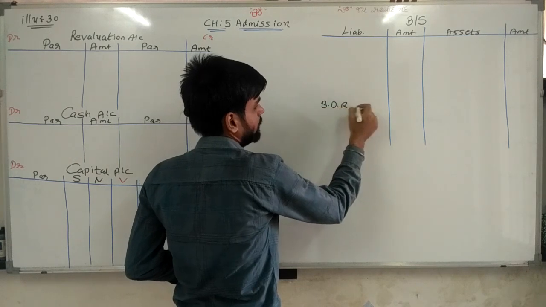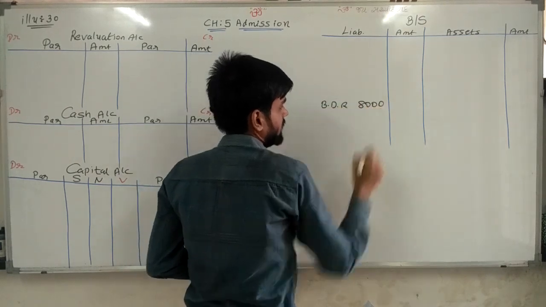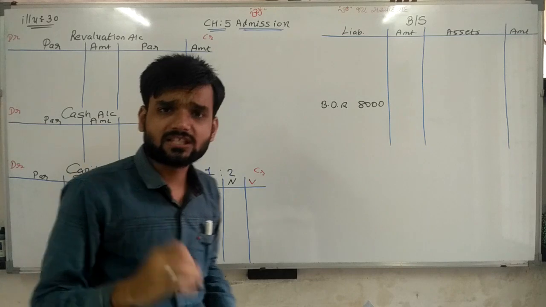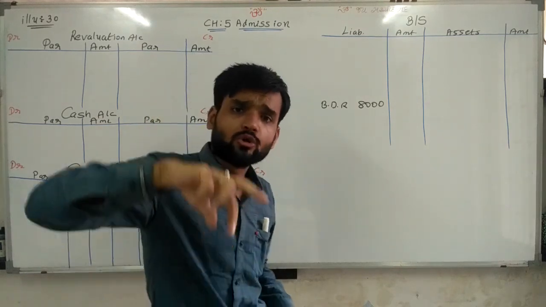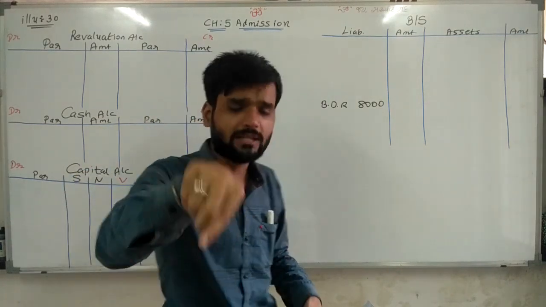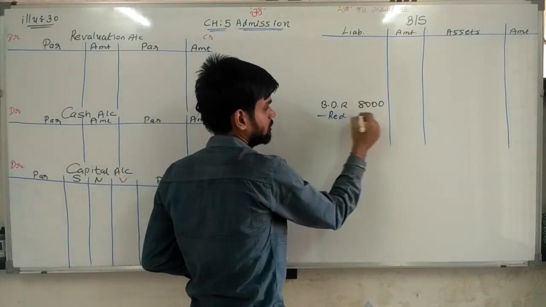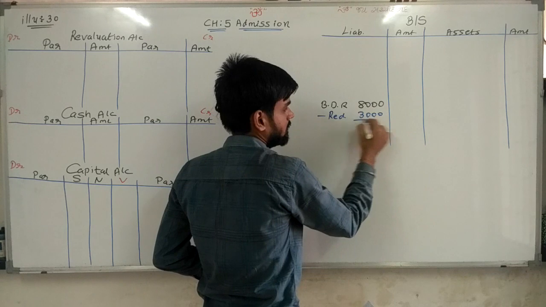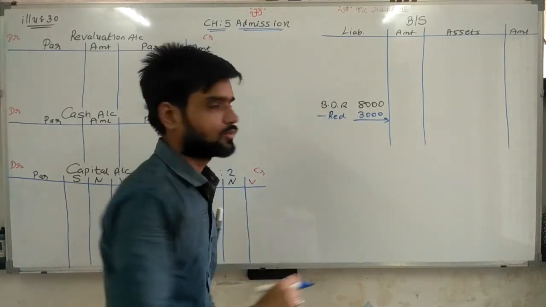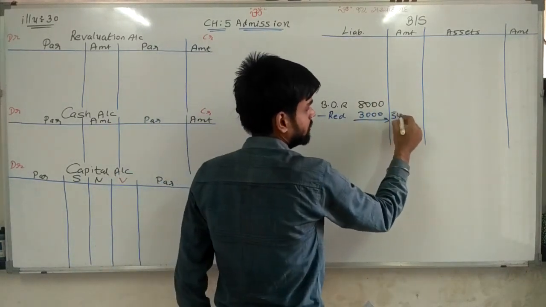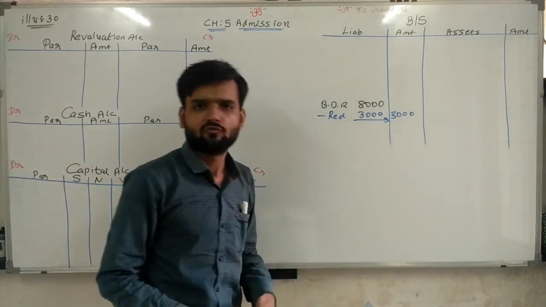So bad debt reserve given in the balance sheet is 8,000 rupees, but now the new bad debt reserve is 5,000. It means 3,000 rupees reduced in bad debt reserve. So in the outer column I can write 5,000.